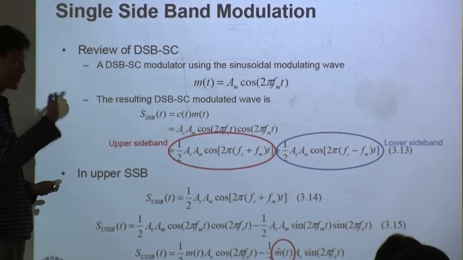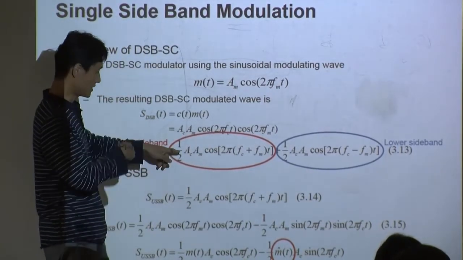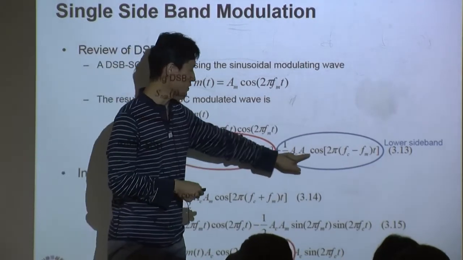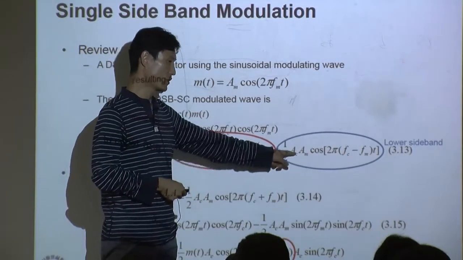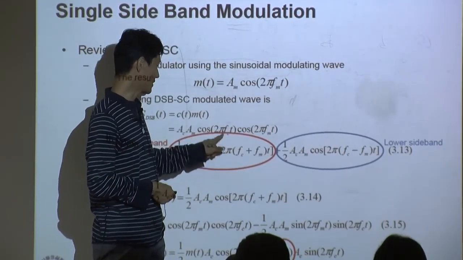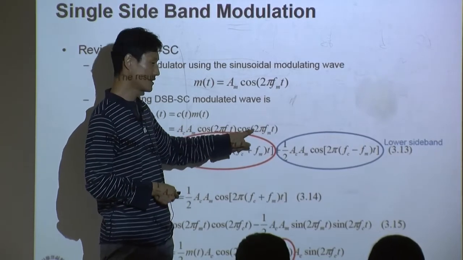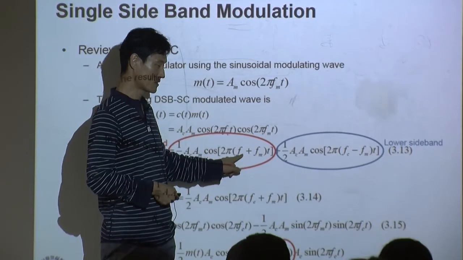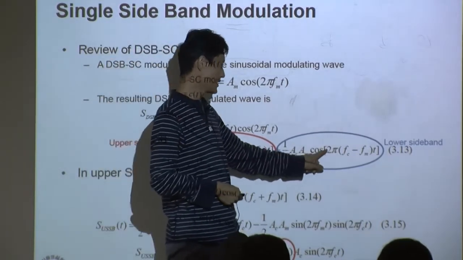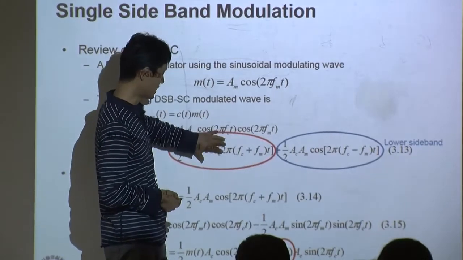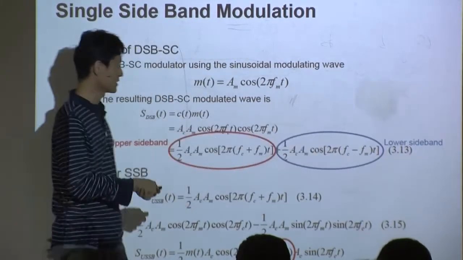Based on the trigonometry identity we already discussed, cosine theta 1 times cosine theta 2 is divided into an addition of two different cosines: cosine of theta 1 plus theta 2, and cosine of theta 1 minus theta 2. So we can divide this into two different cosines like this.